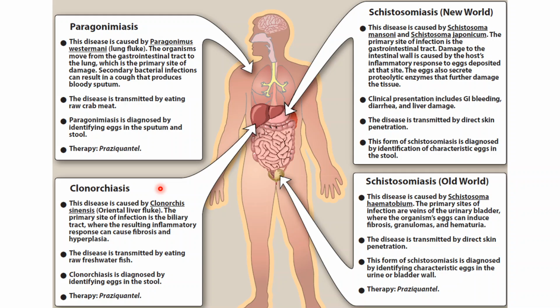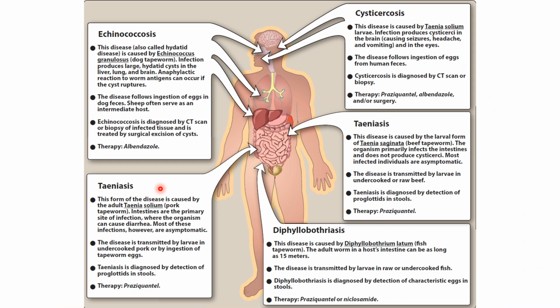And the cestodes are true tapeworms, and they have a flat segmented body and attach to the host's intestine. Like trematodes, the tapeworms lack a mouth and digestive tract, and niclosamide is an alternative to praziquantel for the treatment of taeniasis and other cestode infections.